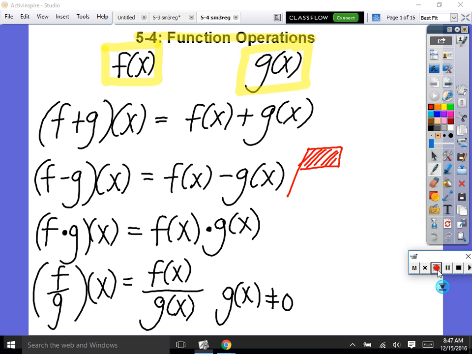Everybody listen. Function operations is literally adding, subtracting, multiplying, and dividing polynomials. Don't we already know how to do all that? So it's no different. It's just different notation. So everybody look at the top. We have two different functions, function f of x and a function g of x.